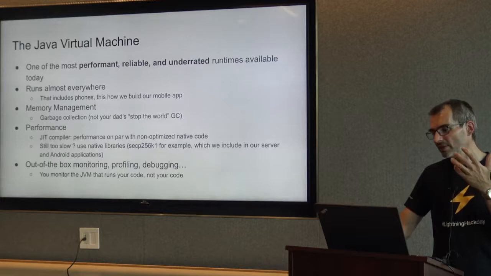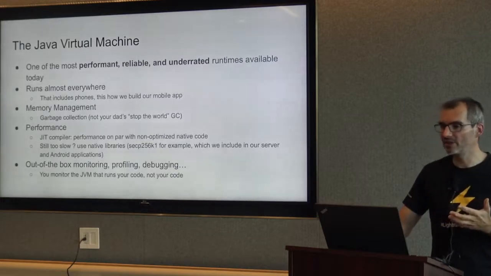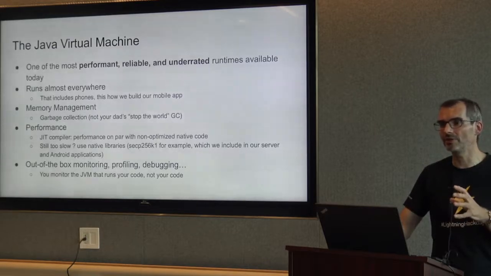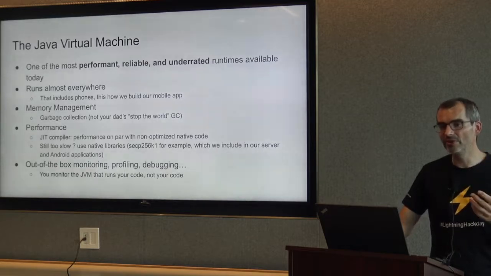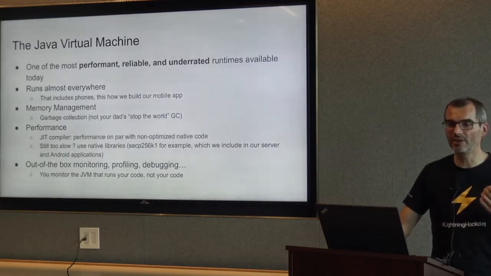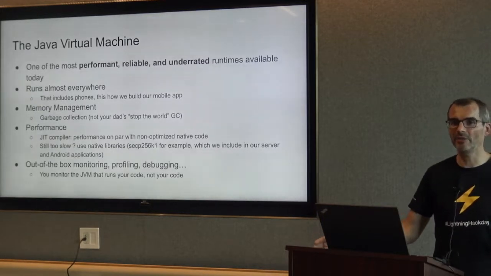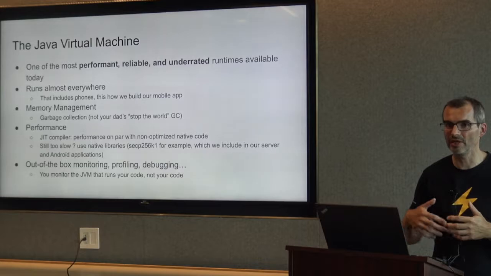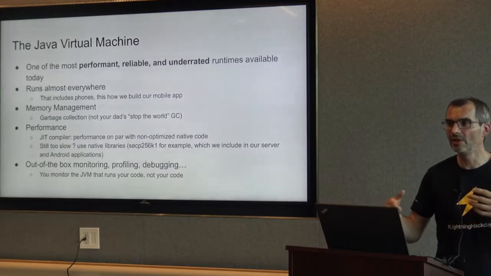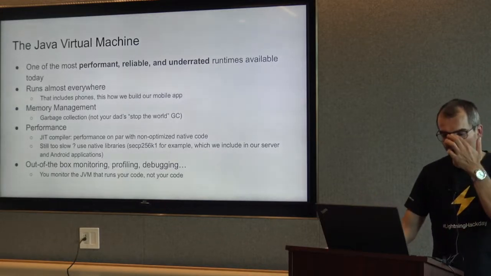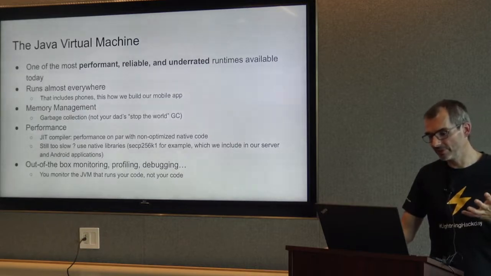The best example we have is secp256k1. It's at least 50 times faster than all the Java libraries you can find on a JVM. 50 times is a lot. The good news is it's very easy to call native code from Java code. And this is what we're doing. We package native libraries into our Java archive. So if you run Eclair, you use native bindings for secp256k1. You don't even need to think about it. And the bonus point is it runs also on Android.